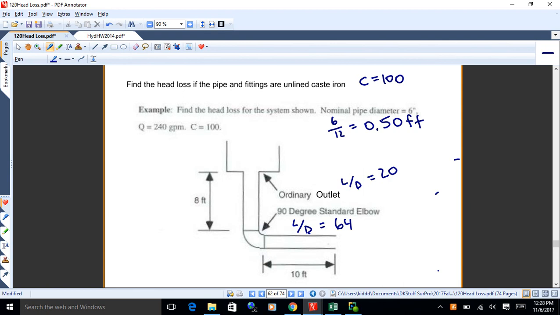If L over D is 20, what that means, using a little bit of algebra, is that the equivalent length would be 20 times D. Similarly, the equivalent length here would be 64 times D. So the equivalent length for the outlet would be 20 times 0.5, which is 10 feet.